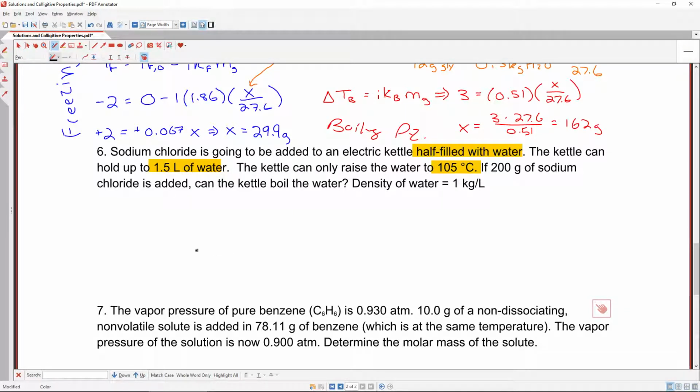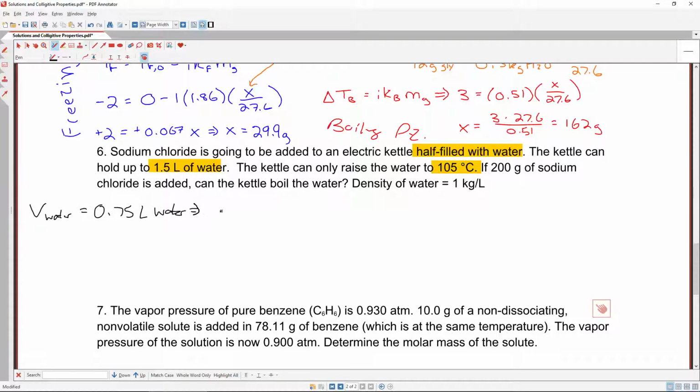Right. So our volume of water is equal to, well, it says the kettle can hold 1.5 liters and it's half filled. So we have 0.75 liters of water. And water has a density of 1 kilogram per liter.